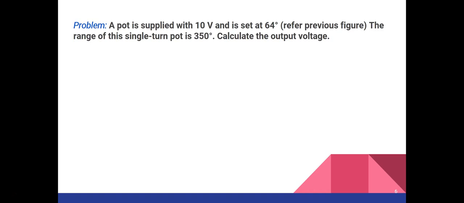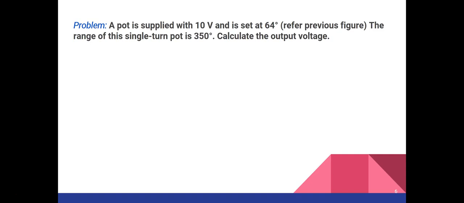So here it says a pot is supplied with 10 volts and is set at 64 degrees. We can refer to the previous figure we saw. The range of this single turn pot is 350 degrees. Now calculate the output voltage.